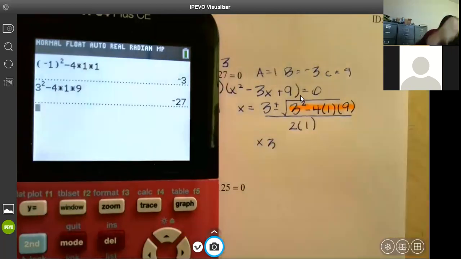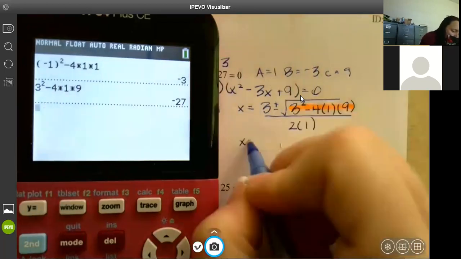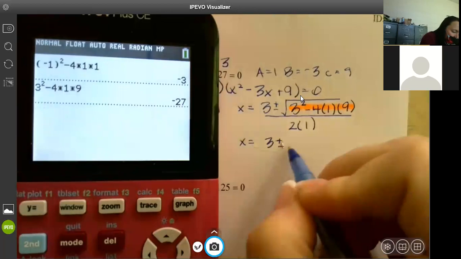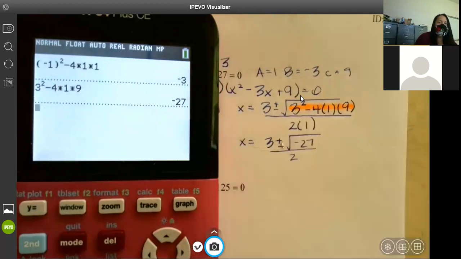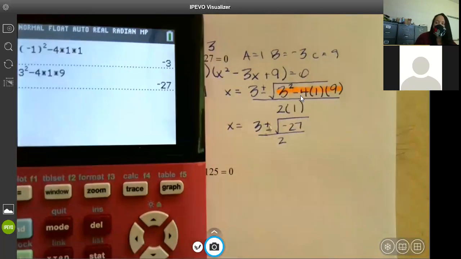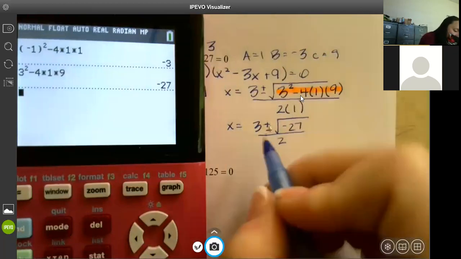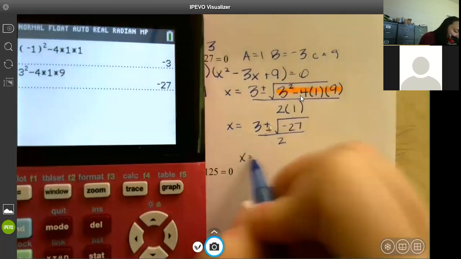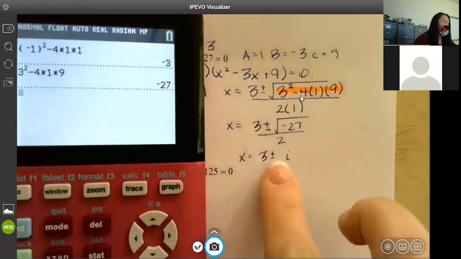Sorry, I should say x equals. I don't want to squeeze it up. Plus or minus square root of negative 27 over 2. Remember, you're going to pull out an i, so we're going to start with 3 plus or minus. I'm going to put a space here because I'm going to put the number in front because I know that it's going to work.